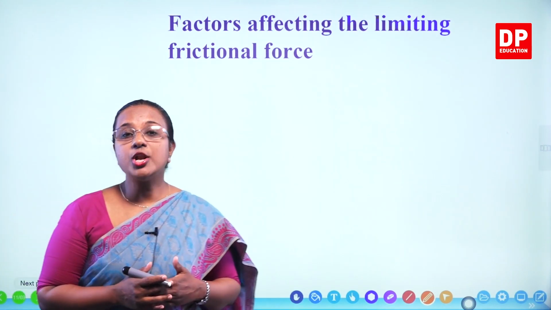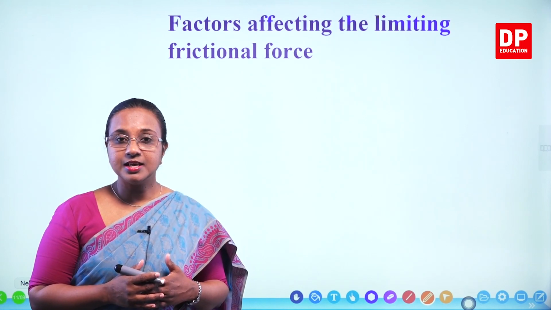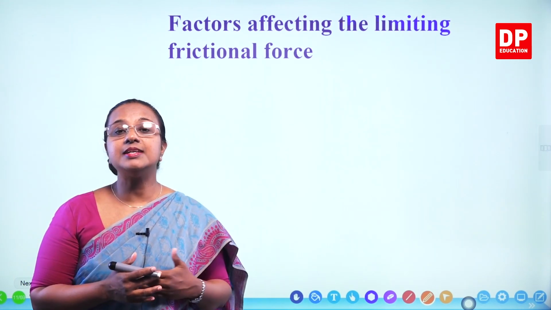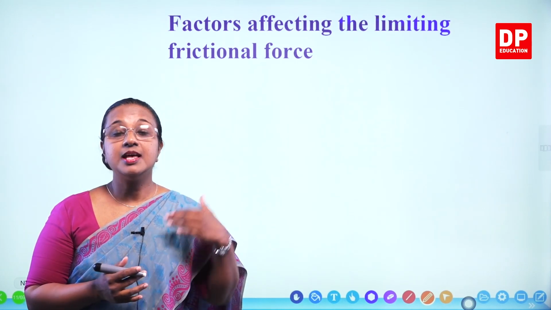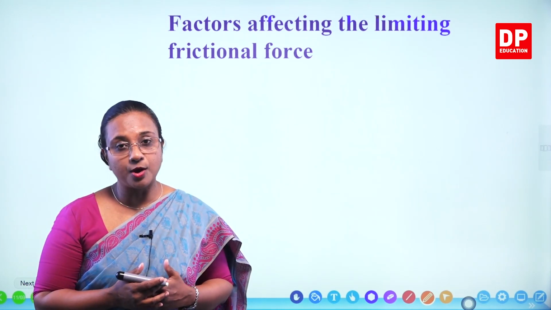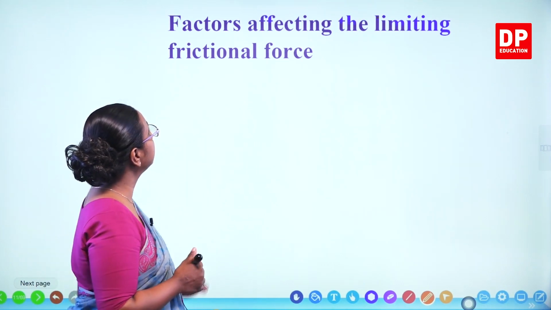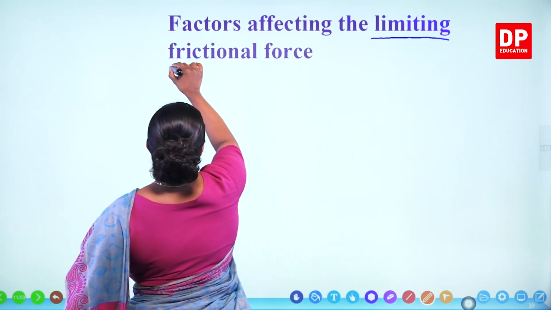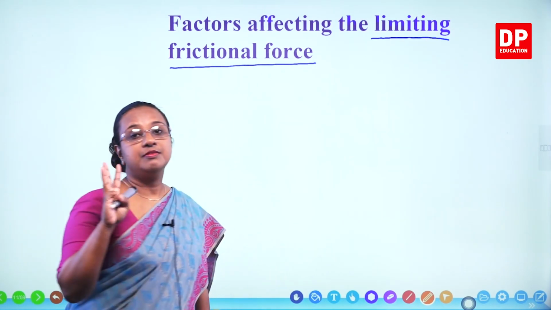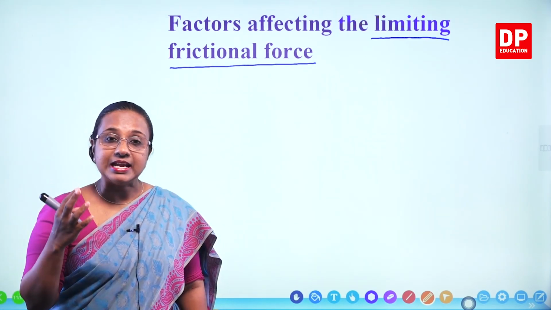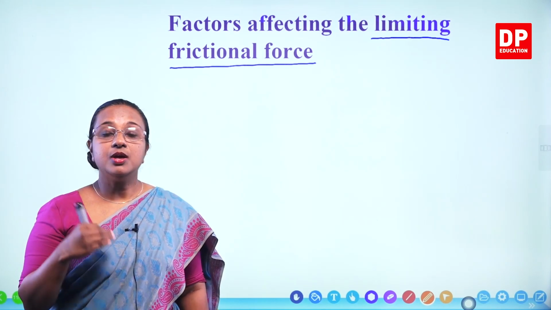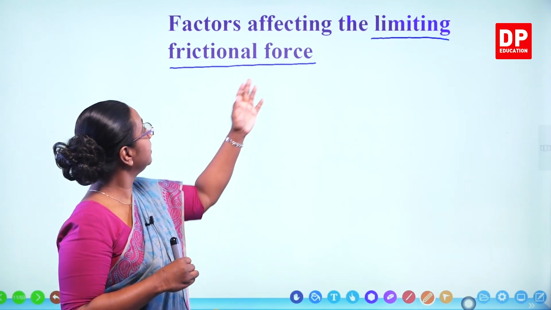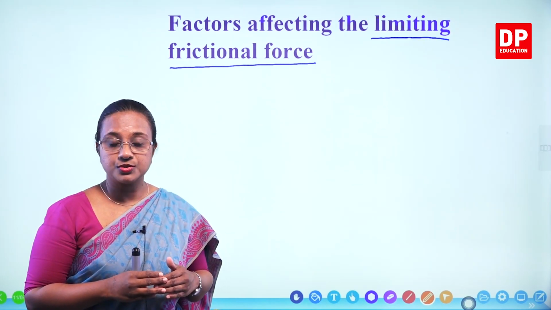So as you have already understood, students, the maximum frictional force that can be exerted by a contact surface against the movement of an object is the limiting frictional force. And we can check and see whether three factors affect the limiting frictional force.